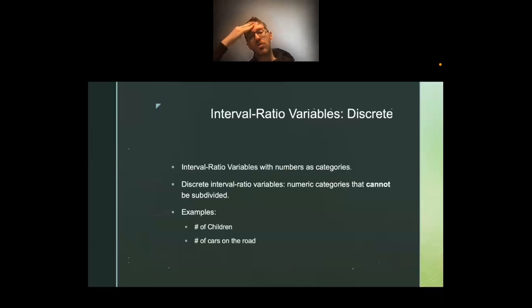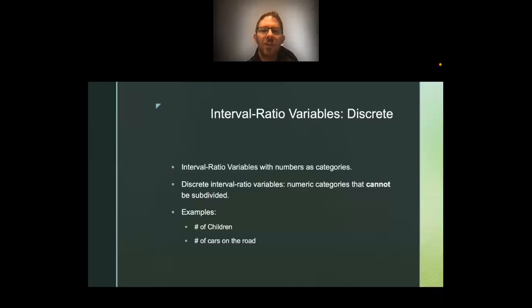Okay, now there are two types of what we call interval ratio variables. These are variables with numbers instead of categories. So each number itself is a category, and there are two types. There's discrete, and this means that the numbers can't be subdivided. So for example, we have number of children.